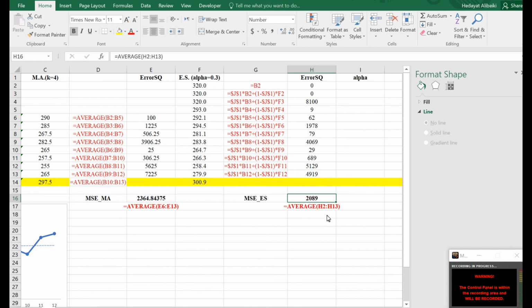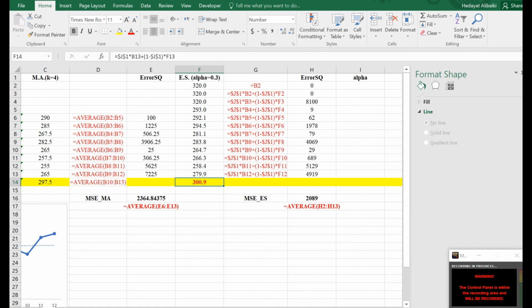Even if you make it H2 to H13 like the book does, it's okay. There's nothing wrong here. Now, when we compare the MSE of these 2 methods, we see that the MSE of exponential smoothing is considerably lower than the MSE of moving average. So we take this one as our better technique for forecasting, and our forecast for the next period would be this number.